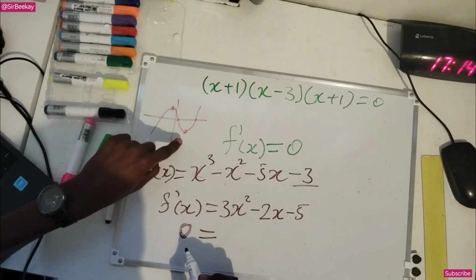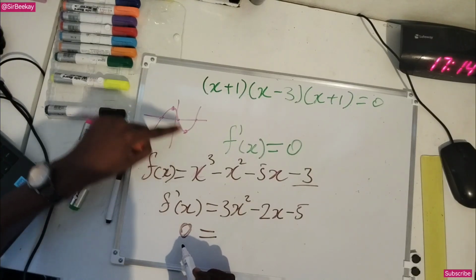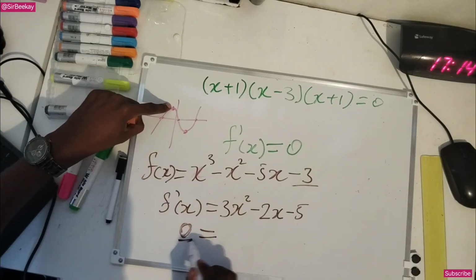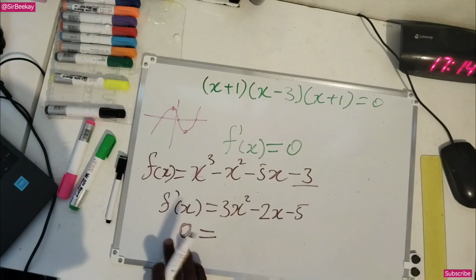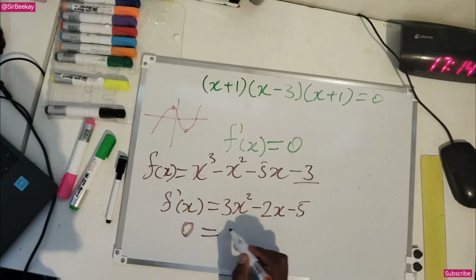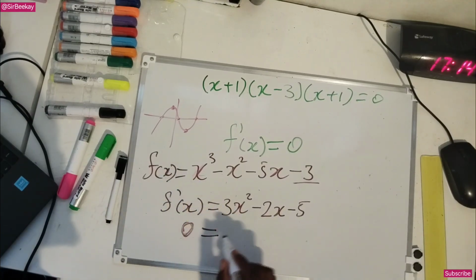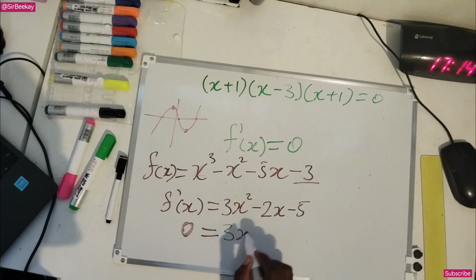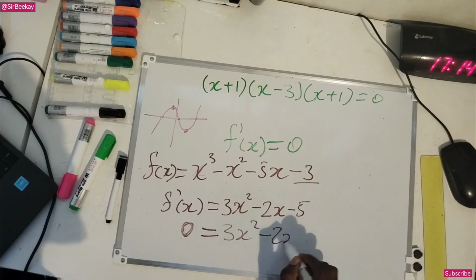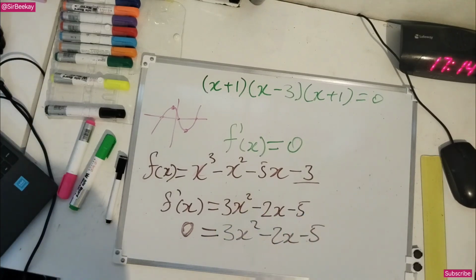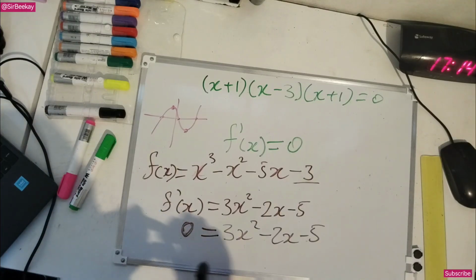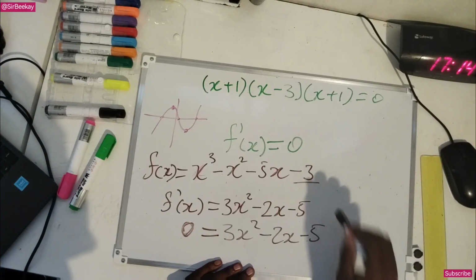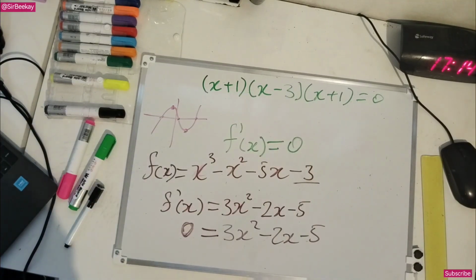Remember, I said the gradient over here is 0. So this represents our gradient. Where do we find the gradient being 0?